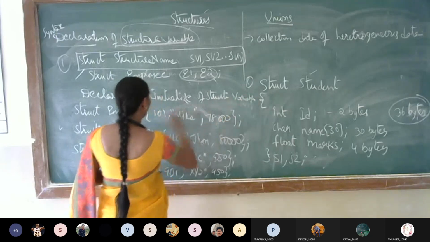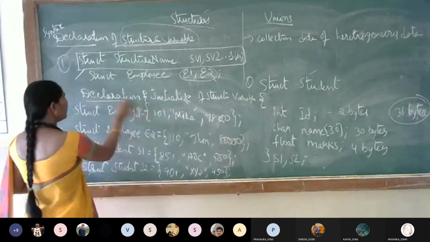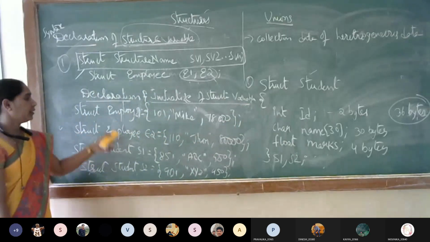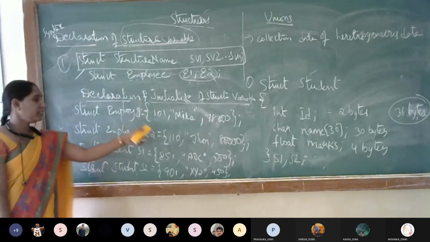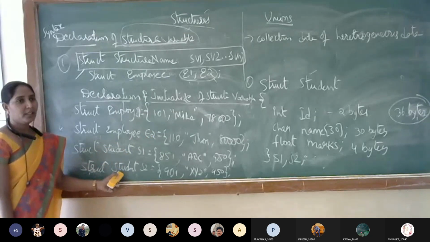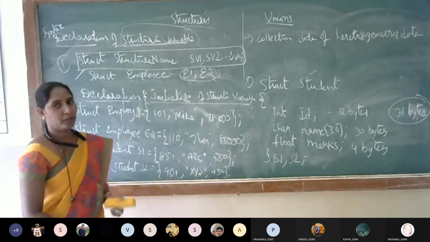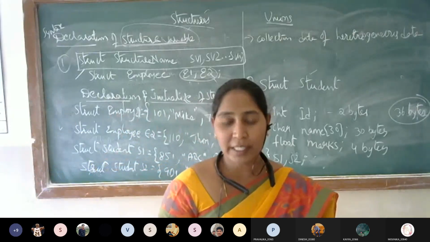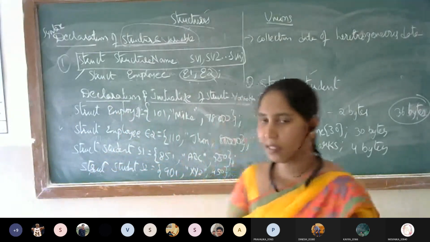We are declaring the structure variables as well as initializing them. I have declared two different employee structure variables and initialized the values, and I have declared two different student structures and assigned the initialized values to those students. Okay, in this way we are going to access them.